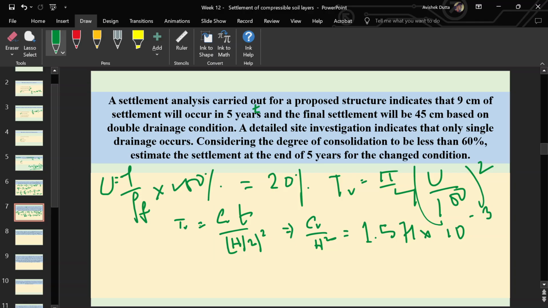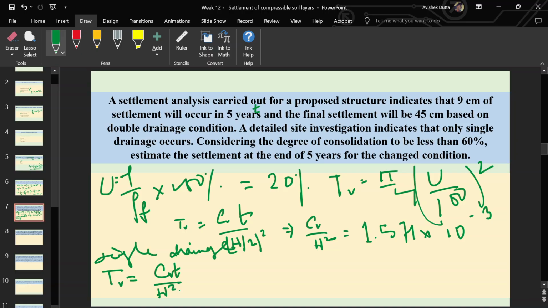Now, for the changed condition, that is for single drainage, TV will be equal to how much? TV will be equal to CVT by H square, not (H by 2) whole square, right?